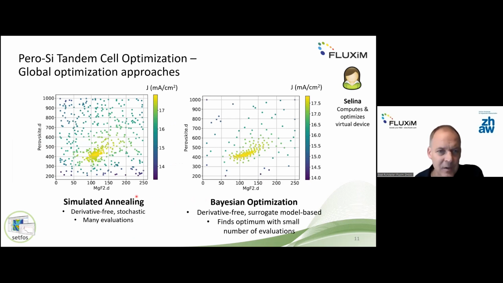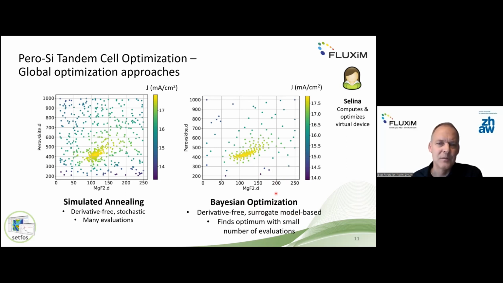On the left, we see that the simulated annealing method is able to identify the optimum combination of magnesium fluoride thickness and perovskite thickness. But you see that there are many random evaluations where this optical tandem calculation has been repeated. And the Bayesian optimization is an elegant approach which is based on a surrogate model that is being updated whenever you add another evaluation point.